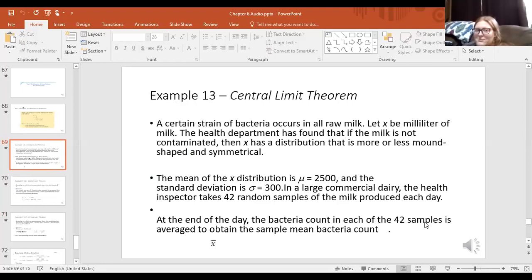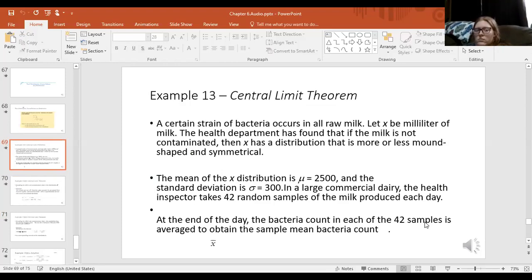A certain strain of bacteria occurs in all raw milk. Let X be milliliters of milk. The health department has found that if the milk is not contaminated, then X has a distribution that is more or less mound-shaped and symmetrical. This kind of expression tells us that the distribution is normal, so you can use the calculator with normal CDF.